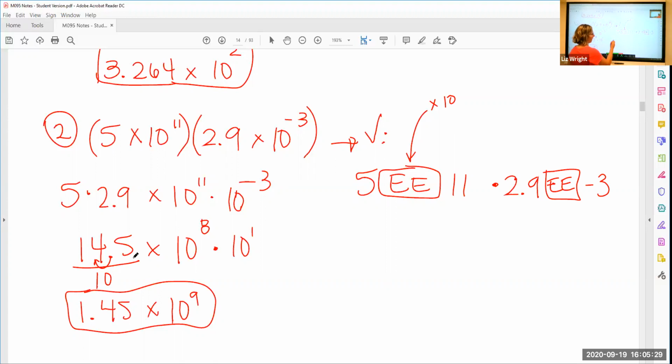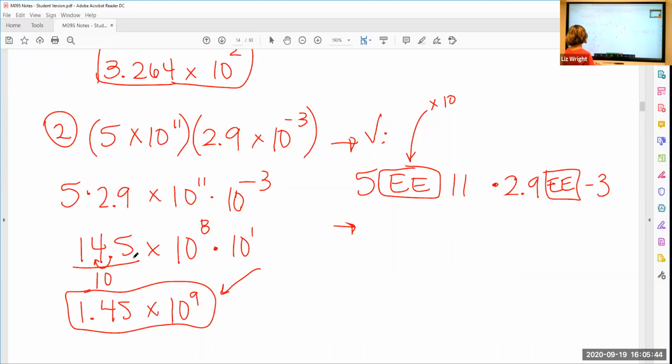And then your answer that you get, I honestly don't know if it comes out in scientific notation or not. I'm going to guess not. I'm going to guess it's going to come out in decimal notation. If it comes out in scientific notation, you can just check it right here and see if that's right.